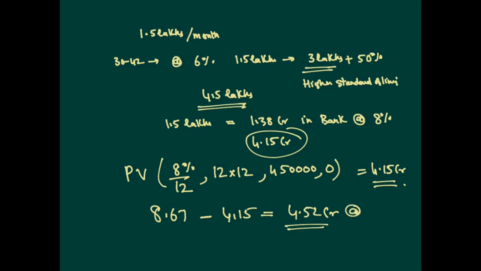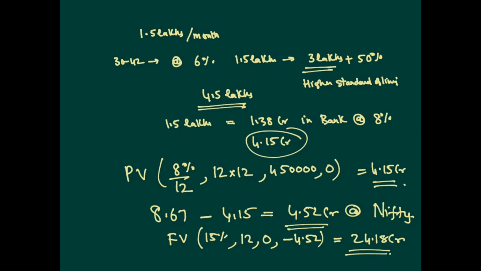which goes into Nifty growth, because we are splitting into two parts. One is the basic, the other is the growth fund. So we have future value. So imagine at 15% it grows. For the next 12 years, 0, minus 4.52 crores. So your 4.52 crores keeps on growing for the next 12 years, and it now becomes 24.18 crores.